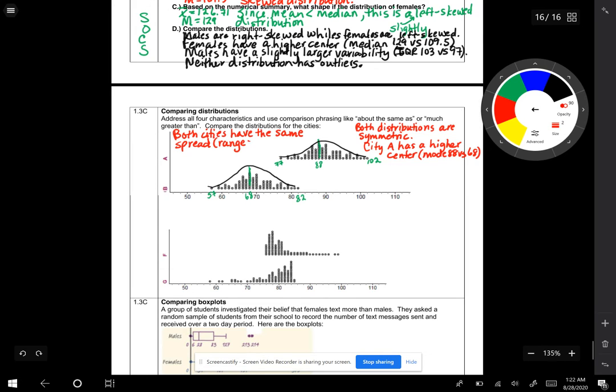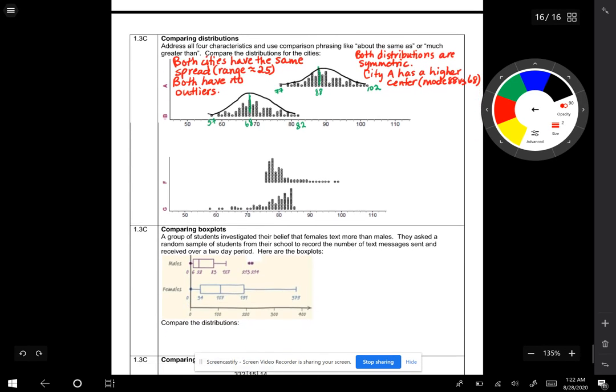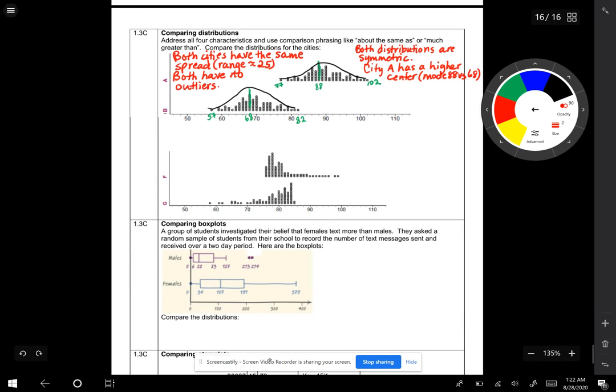Range is about 25. And lastly, both have no outliers. And we're done with that one. Okay, let's look at our next one.